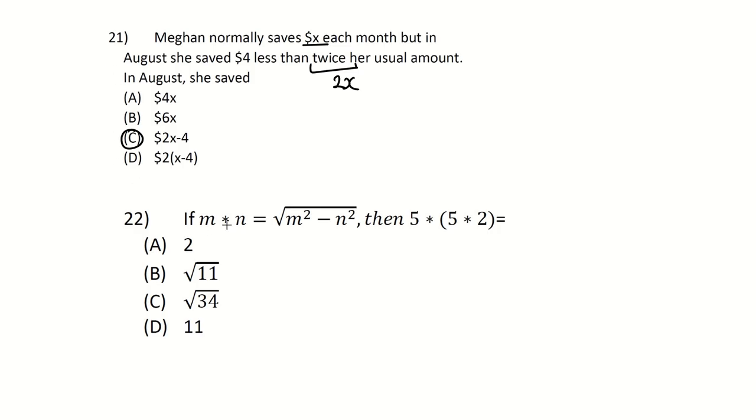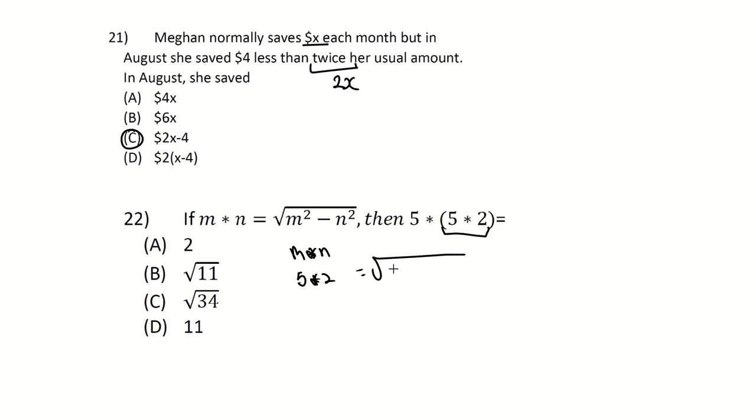And that would be the answer for number 21C. This one: if m asterisk n is equal to the square root of m squared minus n squared, then 5 asterisk 2. Always do brackets first, right? So 5 asterisk 2 means m is 5 and n is 2.